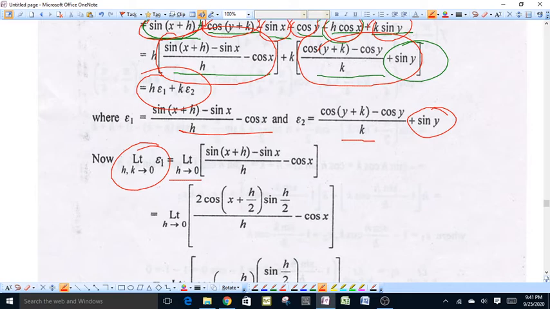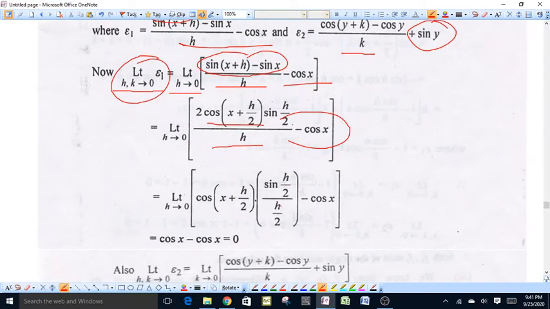Therefore, the limit of epsilon 1 as h, k approach 0 becomes equal to the limit as h approaches 0 of sin(x+h) minus sin x upon h minus cos x. By applying the trigonometric formula for sin C minus sin D, we get 2 cos((x+h)/2) sin(h/2) upon h minus cos x, limit as h approaches 0.